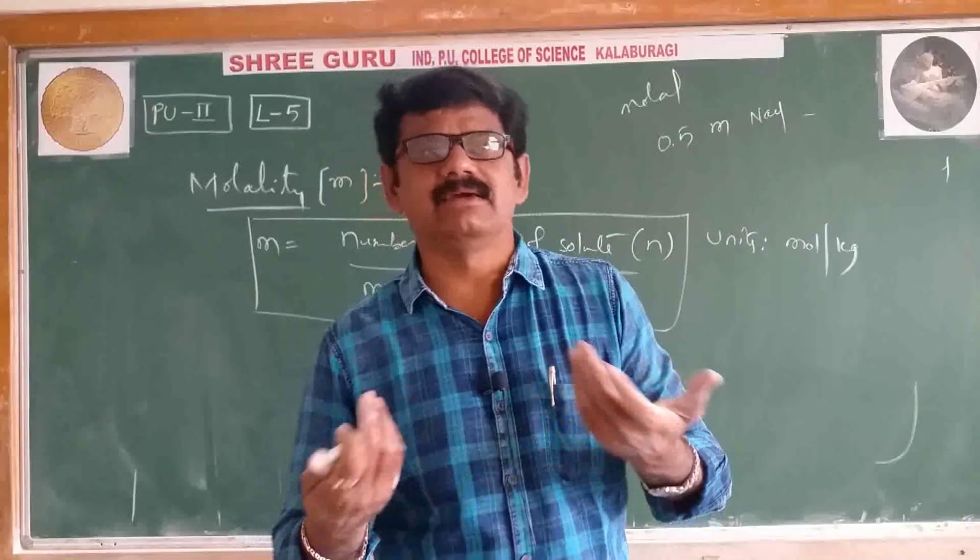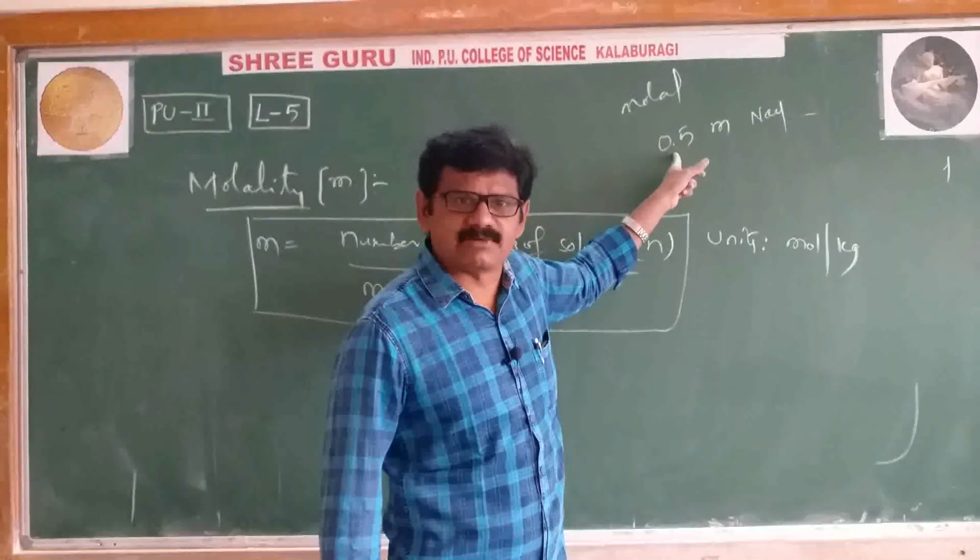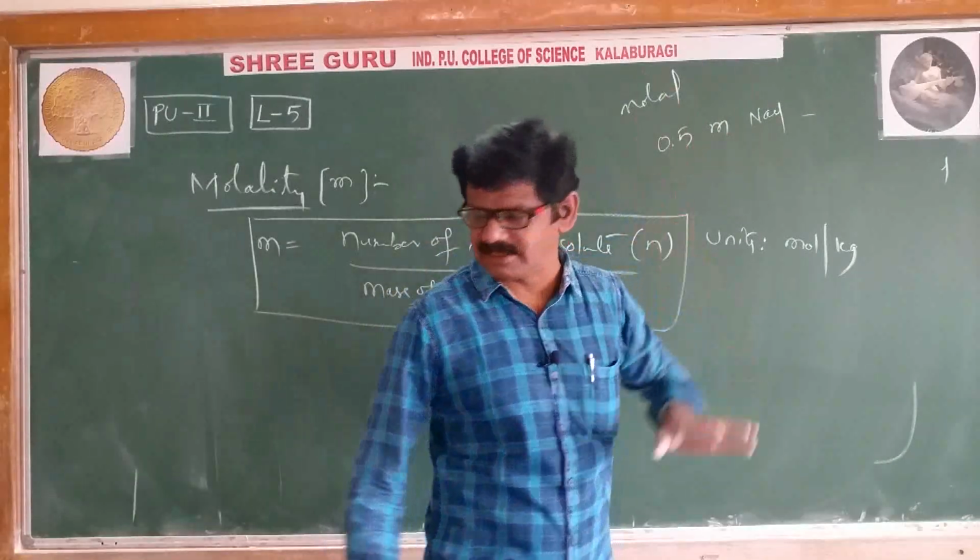Any of these ways we can pronounce it. Mainly we'll call it 0.5 mole per kg NaCl, right?